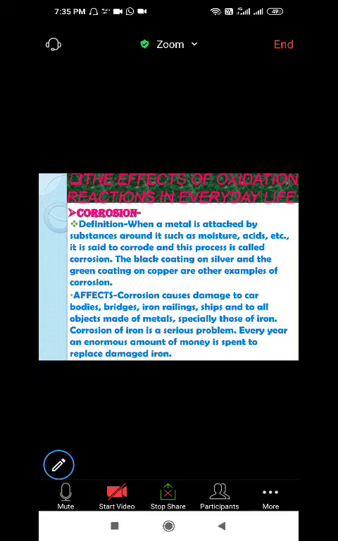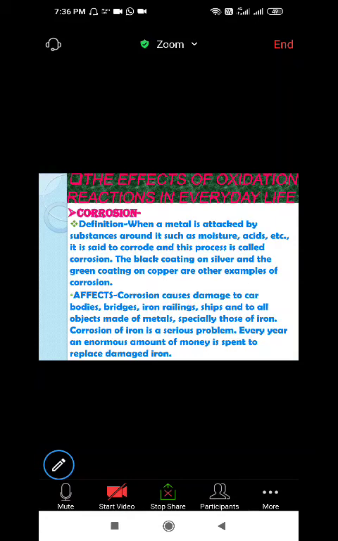When iron material is exposed to a moist or humid atmosphere, mainly during the monsoon season, a layer gets deposited on the surface, which is known as corrosion.